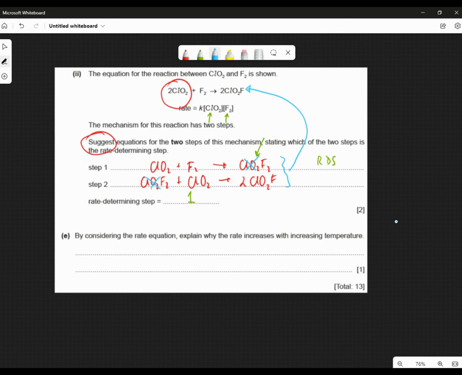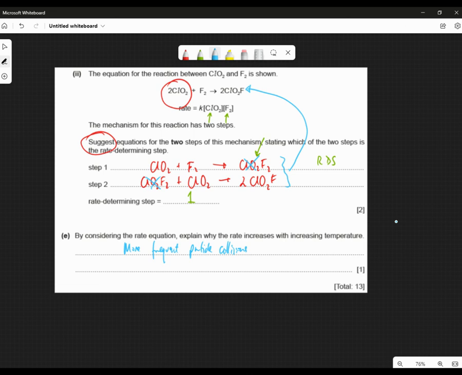By considering the rate equation, explain why the rate increases with increasing temperature. Well, if you think about it, looking at the rate equation, if you increase the temperature, you get more frequent particle collisions.